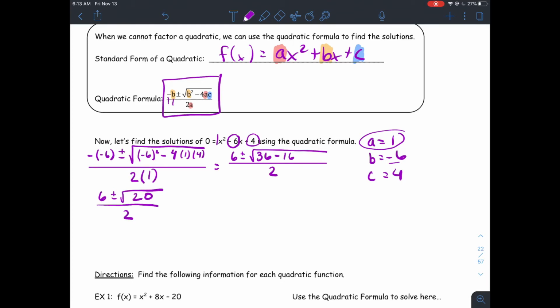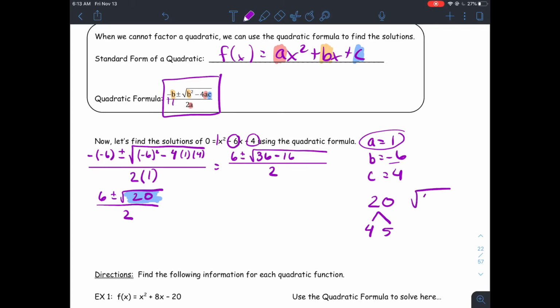So now we're going to go ahead and simplify this radical here. You always look to see if you can simplify the radical. So we've got 20. We can break that down into 4 and 5, right?